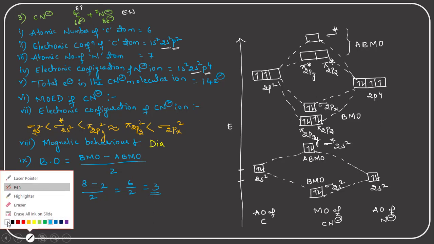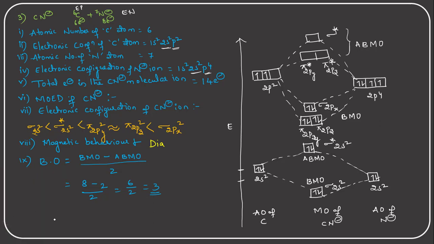That means there are 3 bonds between the carbon and the nitrogen minus ion.